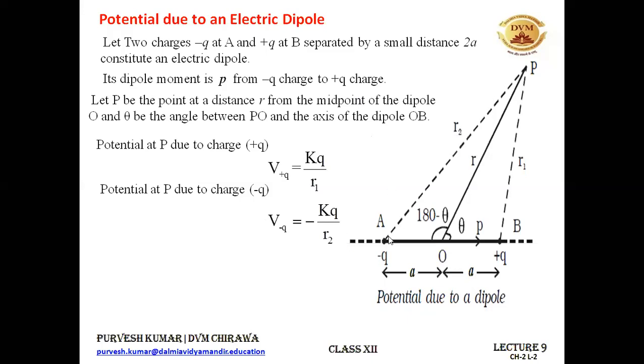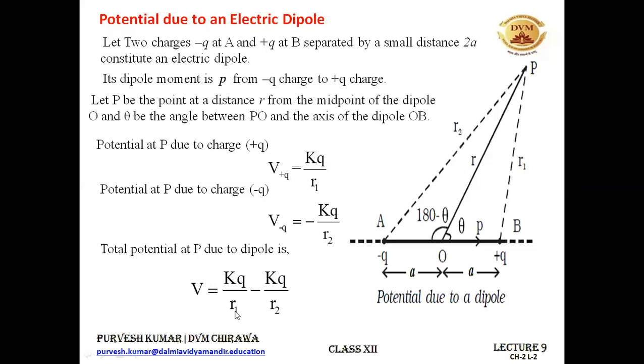The total electric potential at point P is the sum of the electric potential at point P because of these two charges. So we can write the total potential at point P due to the dipole as capital V, and it is V because of plus Q plus V because of minus Q. Adding these two, we get the total potential.